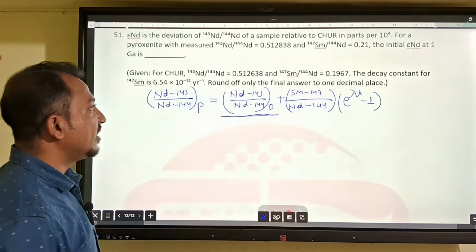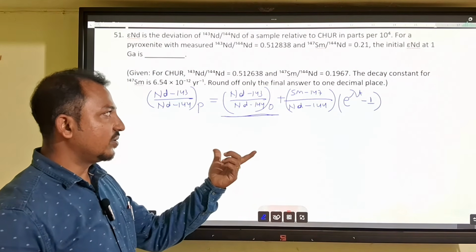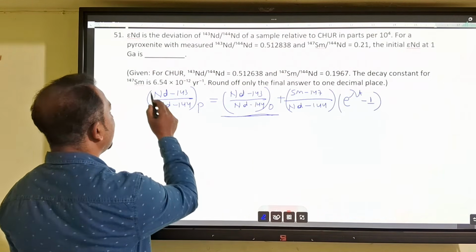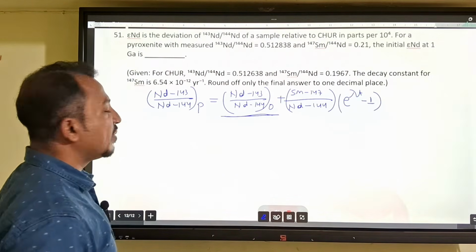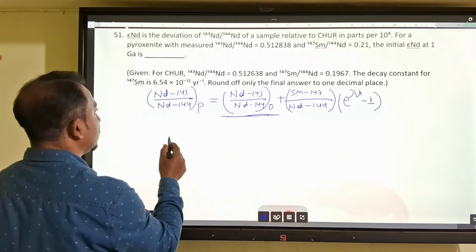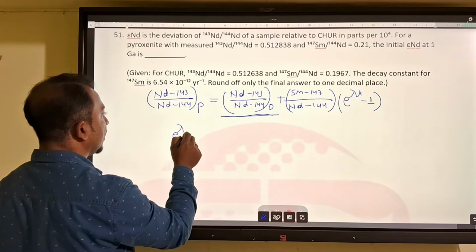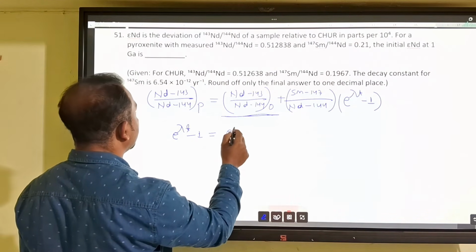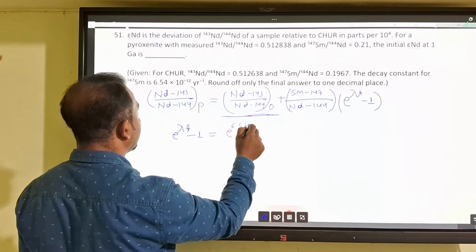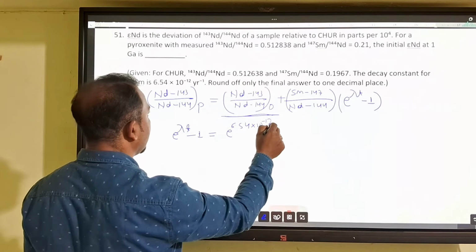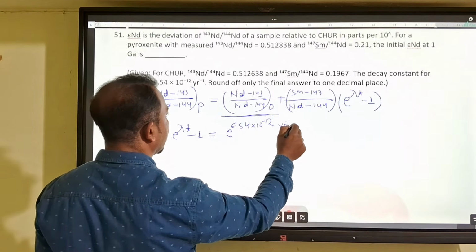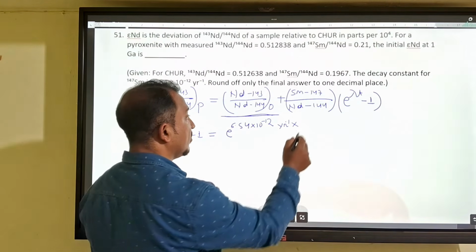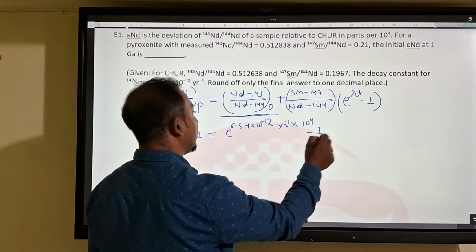So first we'll calculate the e to the power lambda t minus 1 value, so it will be easier for the rest of the calculation. Lambda is given as 6.54 into 10 to the power minus 12 per year. So e to the power lambda t minus 1, with lambda 6.54 into 10 to the power minus 12 per year, and t being 1 billion years, that is 10 to the power 9, minus 1.